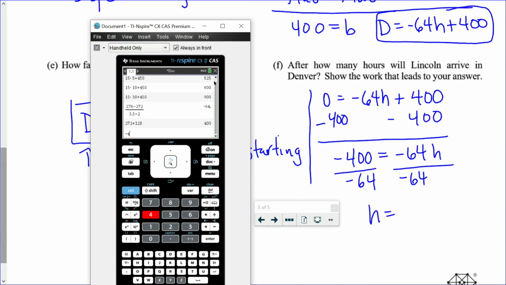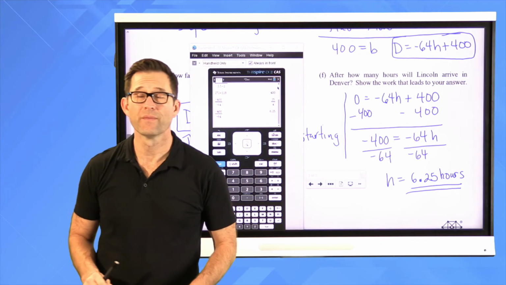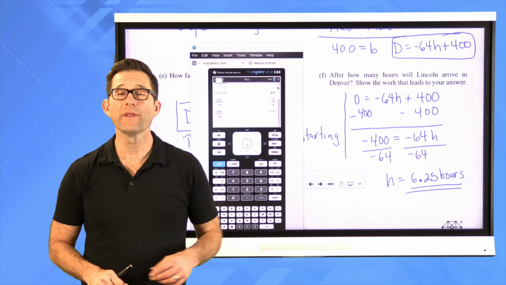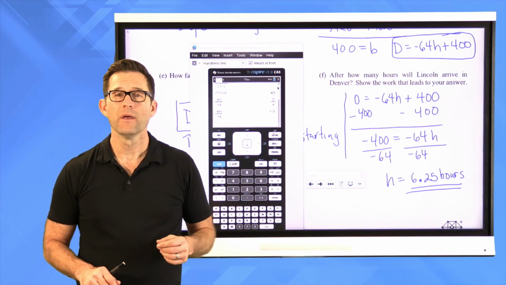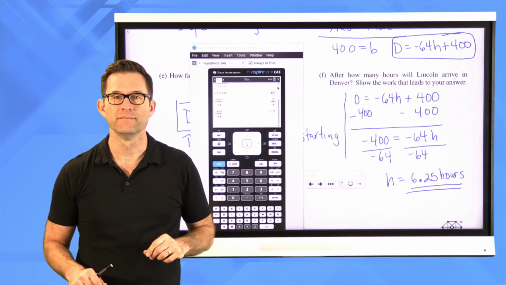Negative 400 divided by negative 64 gives me 6.25 hours. And that's it, right? Models can be useful not only in predicting the output, but also predicting the input if we know a particular output.